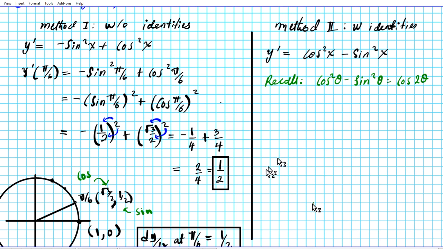Alright, so let's go ahead and apply it here. So y prime is going to be reduced to cosine 2x. See that? And then y prime evaluated at pi over 6 is going to be cosine 2 times pi over 6. Just input it in there.